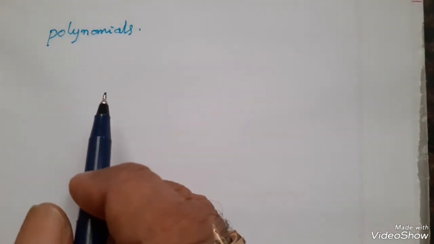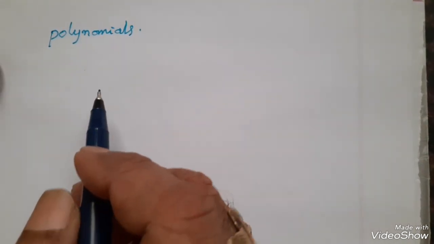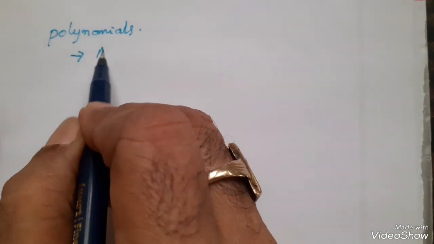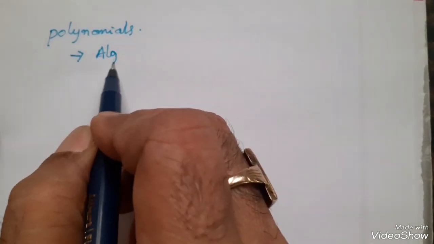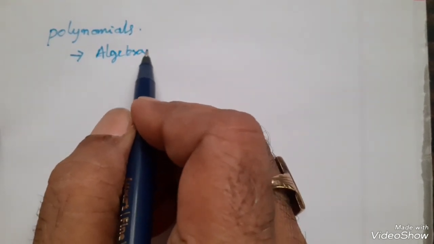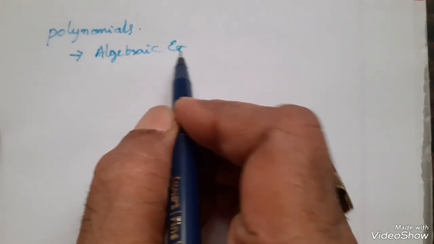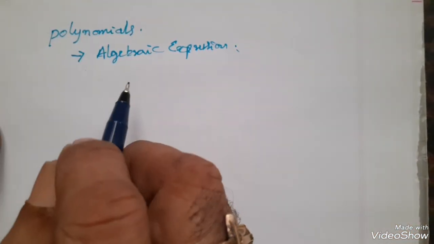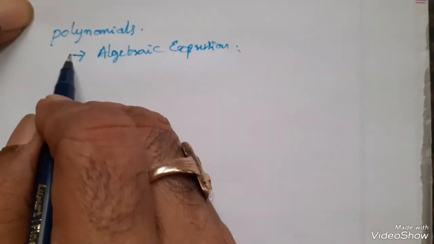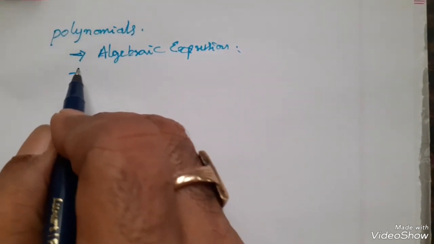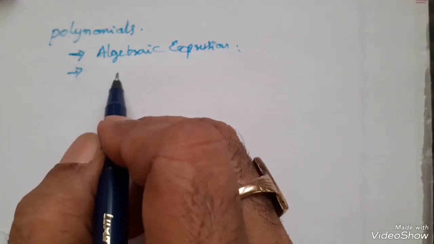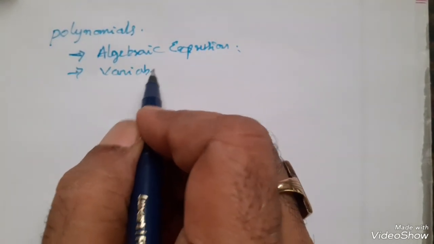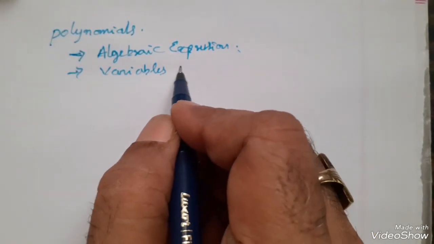Now, what are polynomials? In brief, it is an algebraic expression. In an algebraic expression, it has variables and constants.